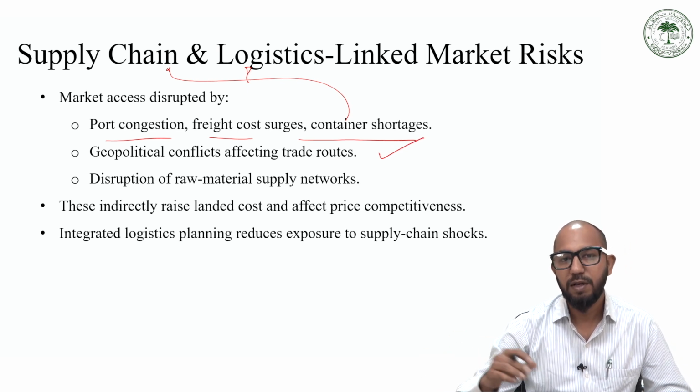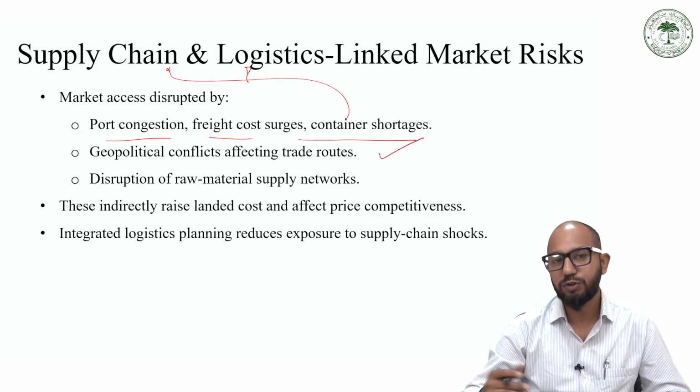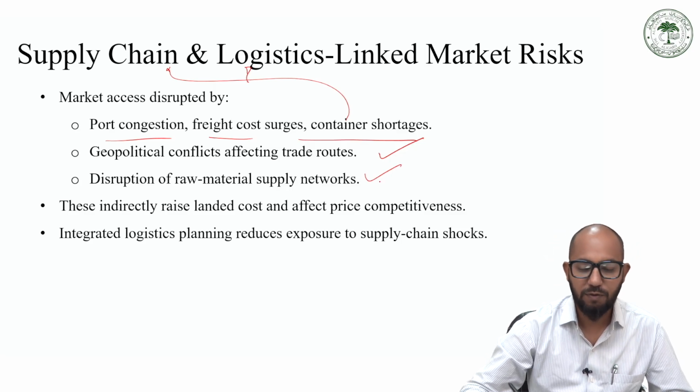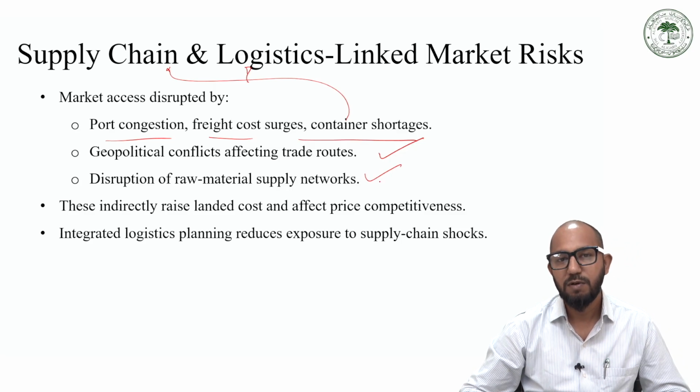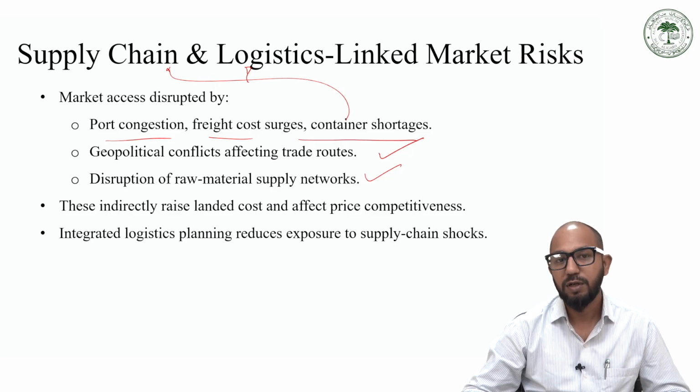For example, if there is a conflict between China and Japan, there can be conflict in the South China Sea or the Arabian Sea. Then we can also have disruption of raw material supply networks. For example, recently the rare earth minerals being exported from China were not allowed to enter certain countries.